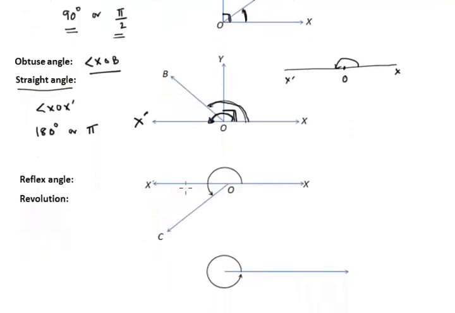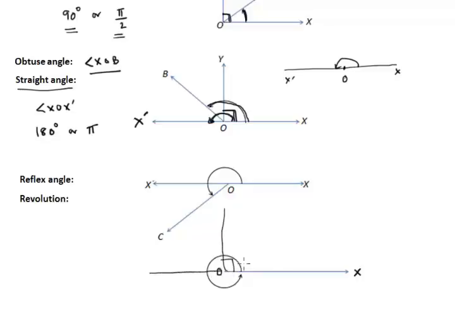Now let us consider any angle which is greater than 180 degrees. If a line segment rotates and goes perpendicular, then it makes 90 degrees.